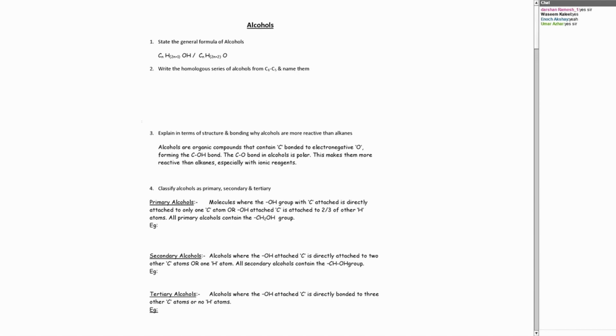If you take alcohols, the general formula of alcohol is CnH2n+1OH. That means you replace one hydrogen of an alkane with OH. It's a monosubstituted alcohol. Only one hydrogen is substituted with OH.